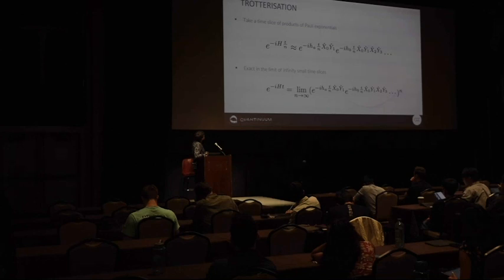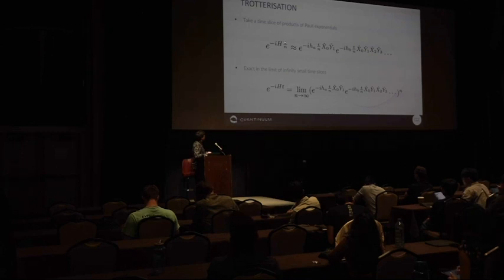So Trotterization is essentially the idea that you take the exponentiated Hamiltonian, and then you slice it up into infinitely small slices, and then we take products of the power of the exponentials.